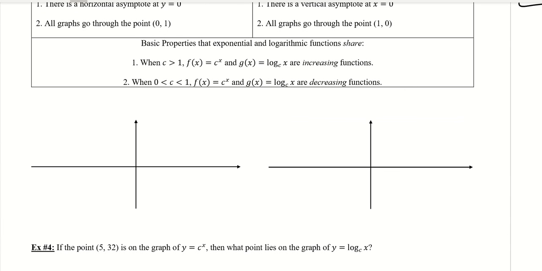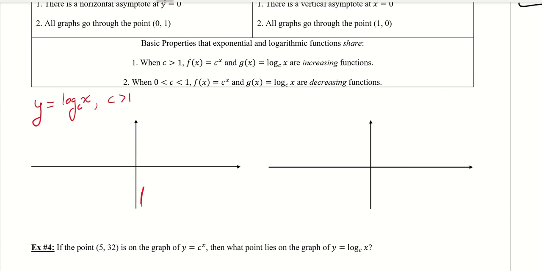So let's look at a basic logarithmic increasing function. For y equals log base c of x, where c is larger than 1, this is what your increasing logarithmic function will look like.